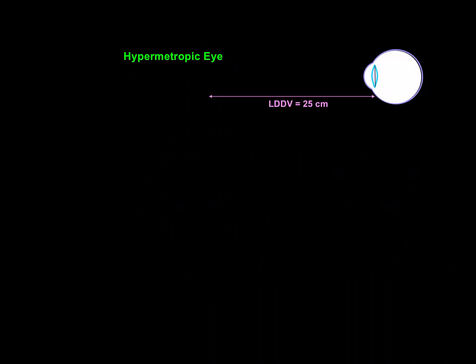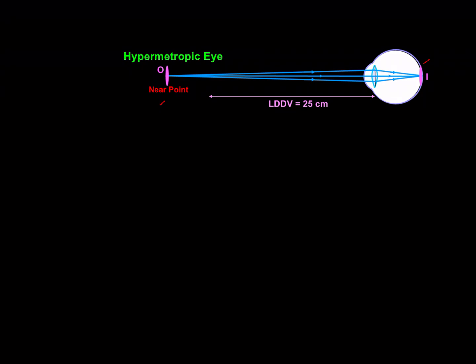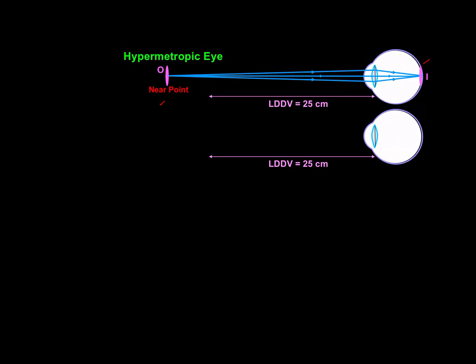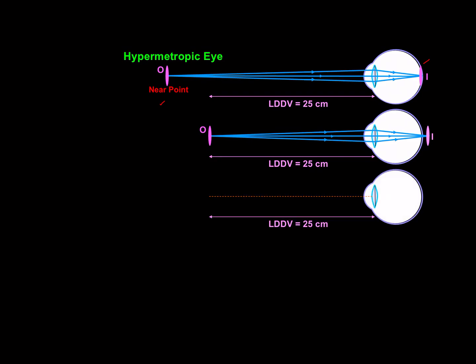This is a normal eye, and this is the formation of the image of the near point. It is the object put at the near point, and this is the image formed by the eye lens. Now in case of a hypermetropic eye, as the near point is shifted somewhat farther away, the image is formed behind the retina, not on the retina, like this.